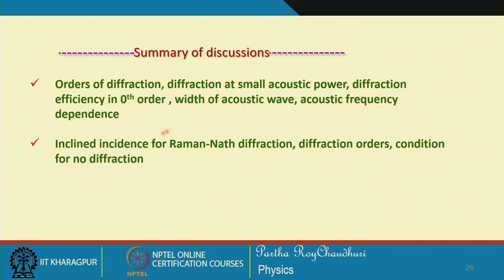We also studied a very beautiful case of oblique incidence of this Raman-Nath diffraction, where even though there is an acoustic wave, there is still a situation when the light wave will see no grating and it will pass through the medium without any diffraction.